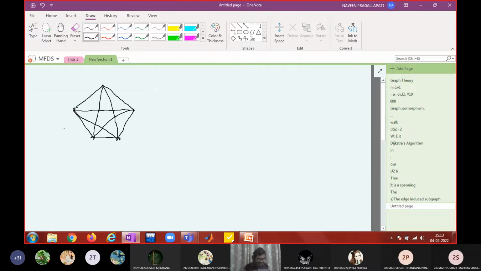Let us call these vertices u1, u2, u3, u4, u5. Now you assign edge weights: 1, 2, 6, 7, and this is 10, and this is 4, and this is 3, and this is 4.